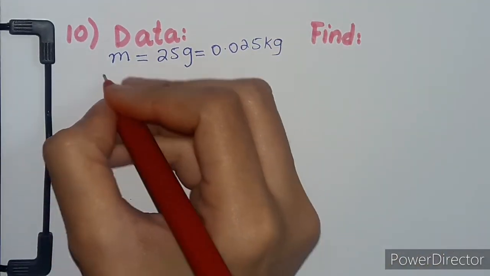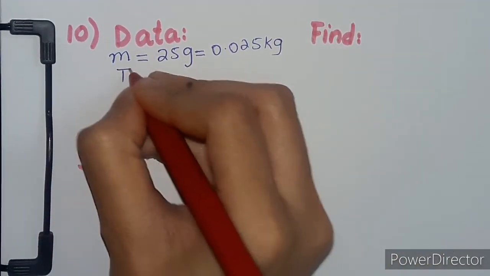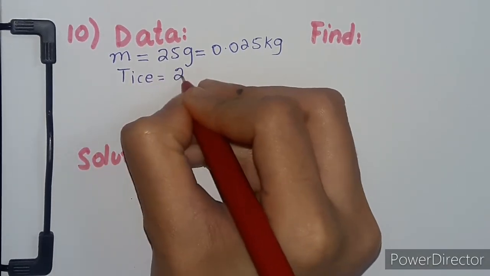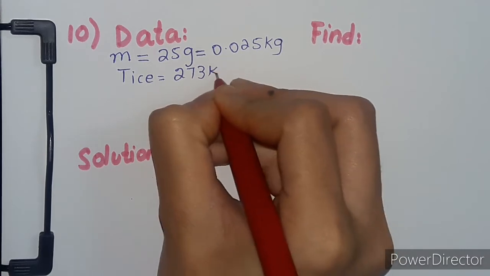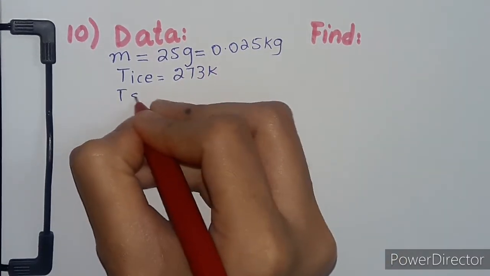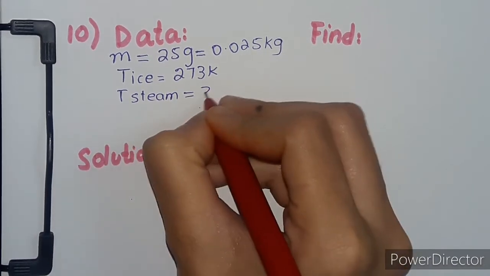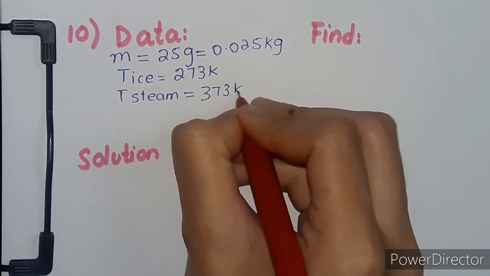Then the temperature of ice is 273 Kelvin, and the temperature of steam is 373 Kelvin.